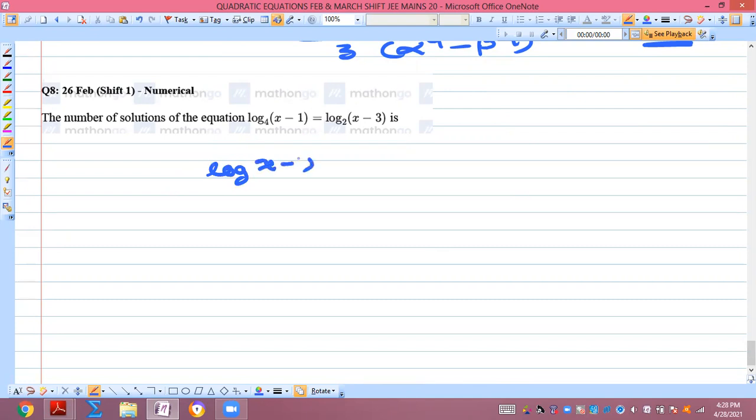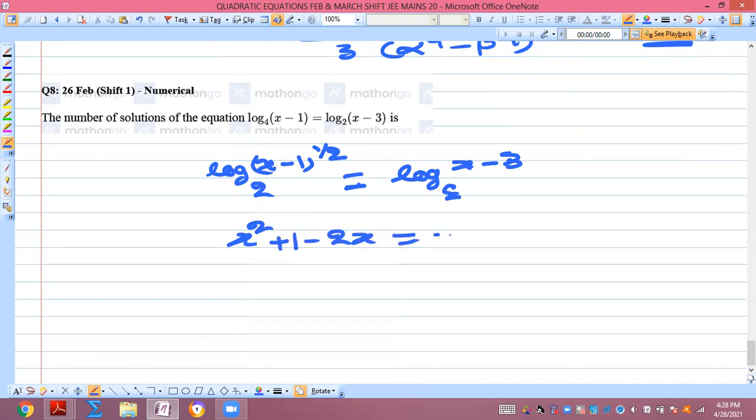So x minus 1 whole power 1 by 2 base 2 is equals to log 2 base x minus 3. So same basis. So that is nothing but x square plus 1 minus 2x is equals to x minus 3. So in this way, x square minus 3x, it will be plus 4 is equals to 0.